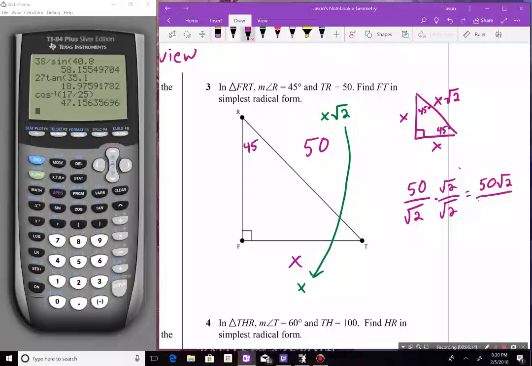Anytime you have a square root times itself, you get that number. Now here's the good part. We have to look to see if the whole numbers can reduce. If 50 can divide by 2, then we'd have to reduce it. 50 is an even number, and any even number is divisible by 2, so we reduce this, and we get our final answer, 25 square root 2.